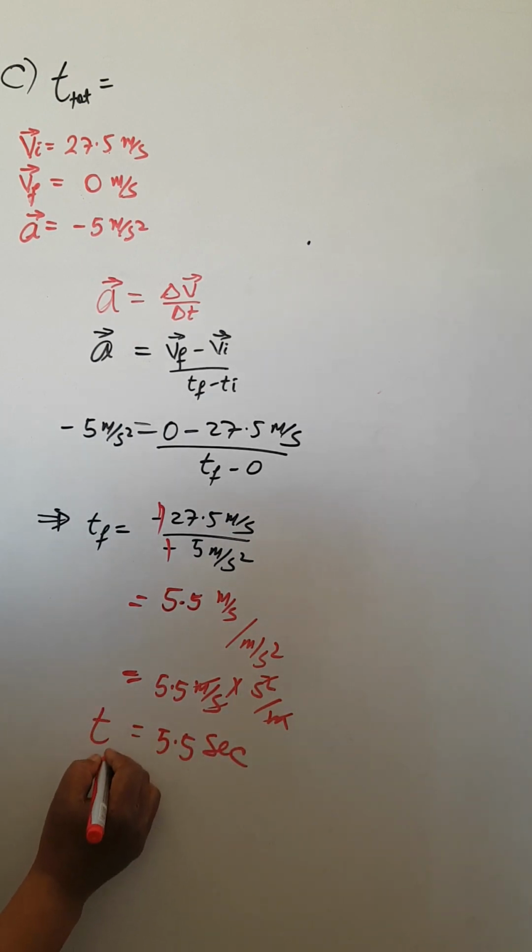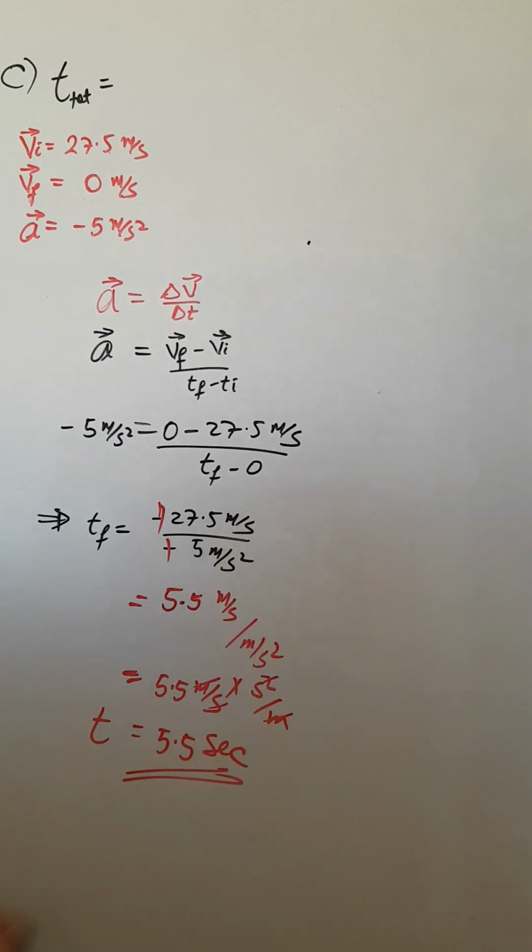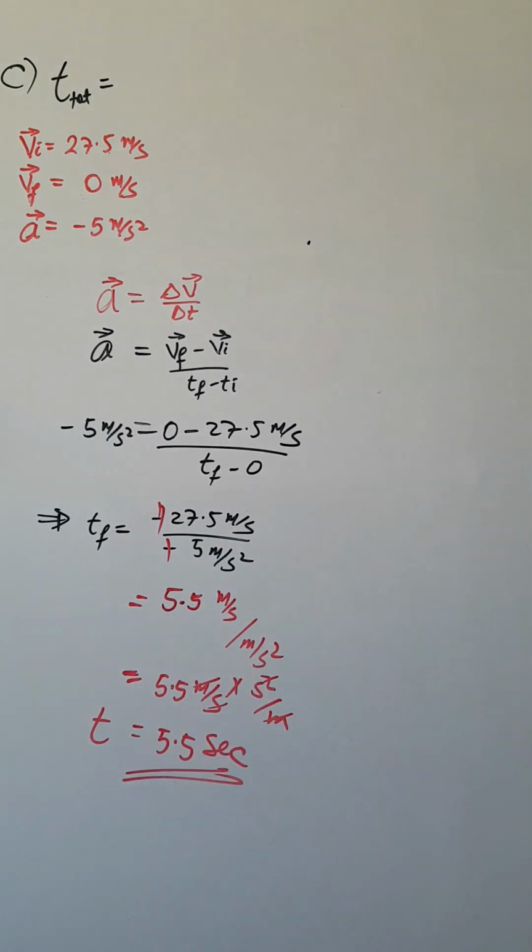So tf, or time, is equal to 5.5 seconds. A track moving at a speed of 27.5 meter per second comes to rest after 5.5 seconds. This is the total time required for the track to come to rest.